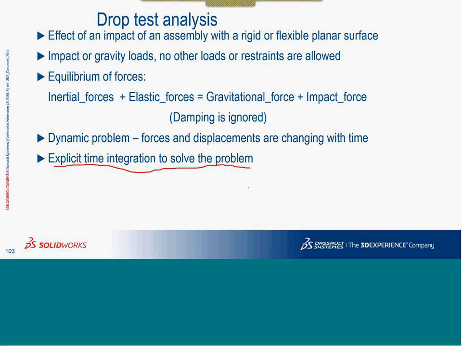Typically it is driven by gravity or initial velocity, or the velocity at which it is going to impact. Okay, and it is talking in terms of equilibrium forces and accepts such analysis without damping, but the fact is damping is ignored. Okay, damping is ignored. The only damping comes because of the stiffness given to the floor which it is hitting.